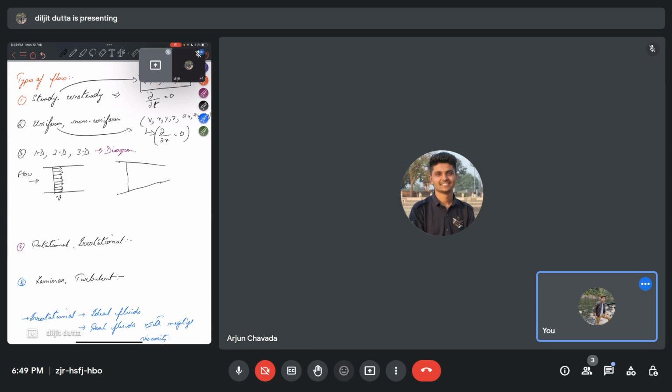In that case, the velocity profile will be varying both along x as well as y.